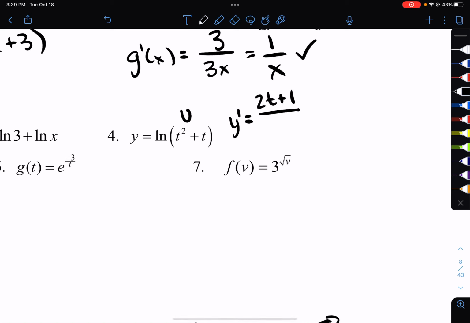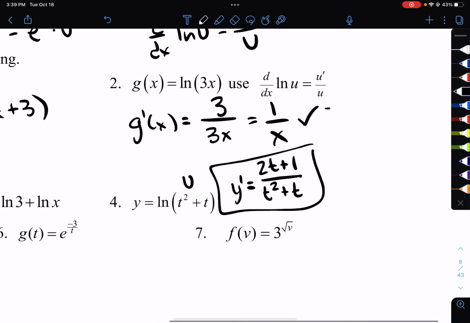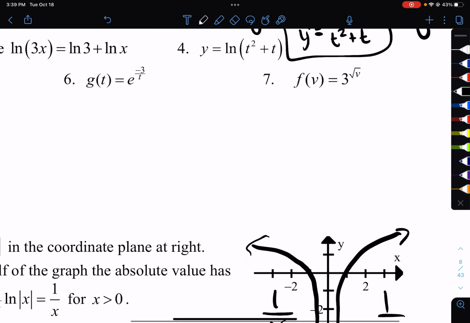So that's 2t plus 1. The bottom is just u by itself, which is t squared plus t. And that would be my answer. That is u prime over u, right? If my u was the t squared plus t.